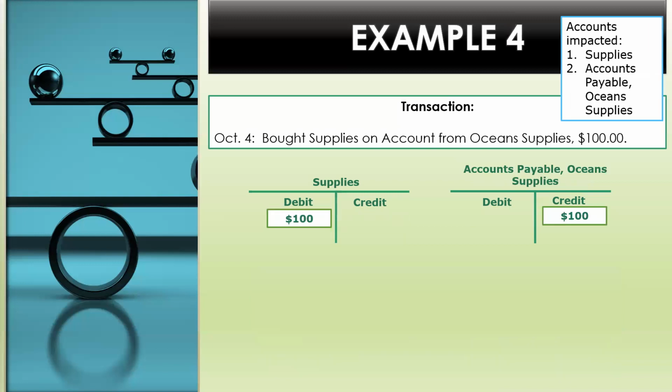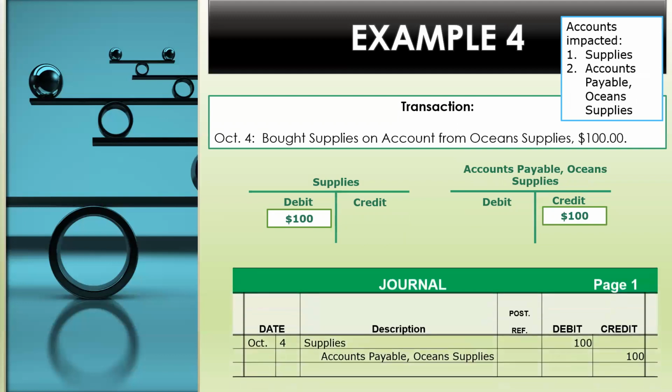Example 4, business transaction. October 4, we bought supplies on account from Ocean Supplies in the amount of $100. This transaction impacts supplies and accounts payable, Ocean Supplies. This is what it looks like when we journalize it. We have October 4th for the date. Supplies is first because that's our debit.